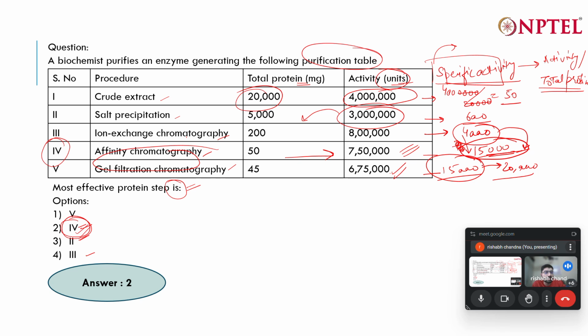But here the specific activity is the same, which means it has reached the maximum purification, the maximum purity of the enzyme. Now it will not increase, that means it is saturating, right? So that's why this step, the affinity chromatography, will be the most effective step of the full procedure.